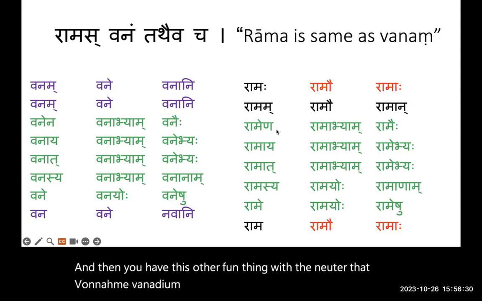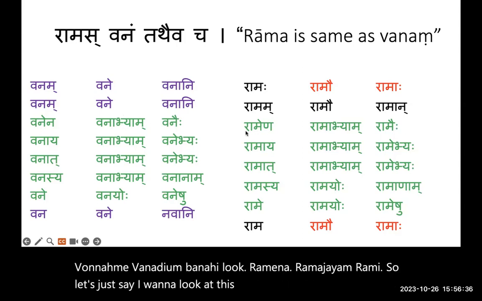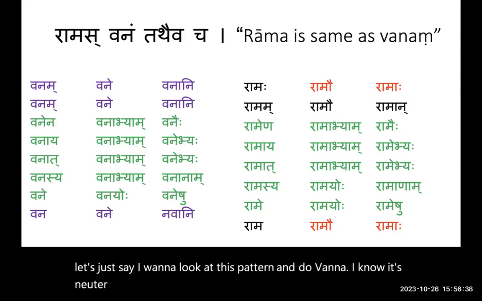Oh, look, Ramena, Ramabhyam, Ramaihi. So let's just say I want to look at this pattern and do vana. I know it's neuter, so it'll be the same in the instrumental through the locative.